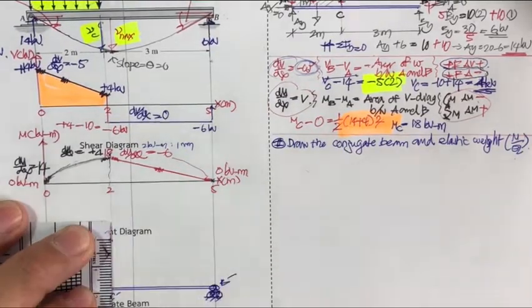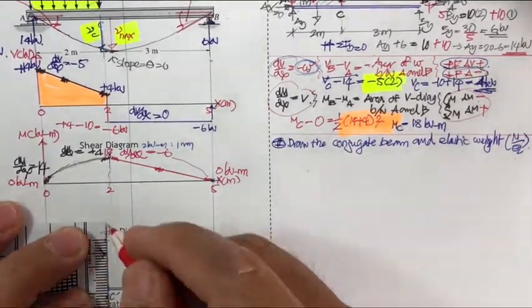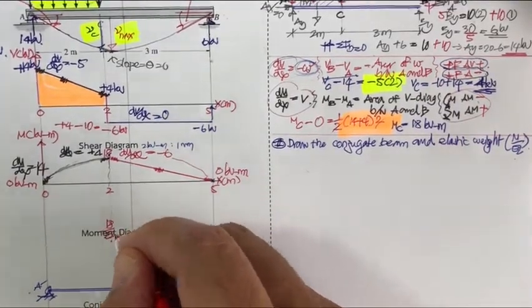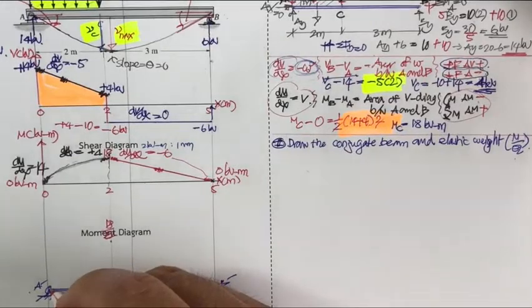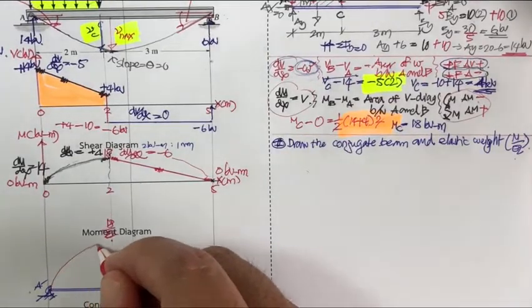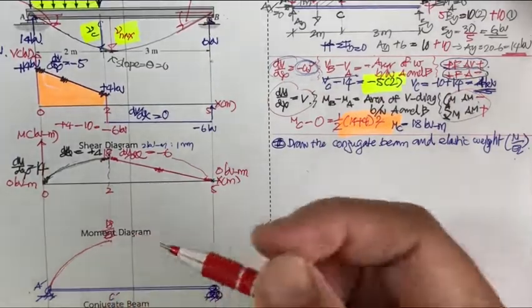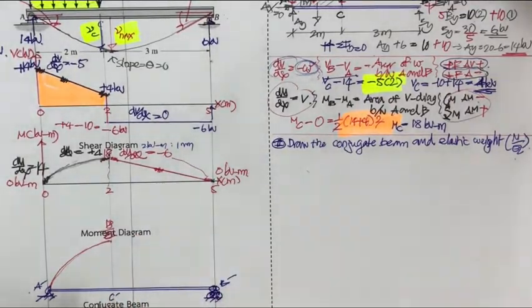So this is going to be 18 over EI, and then the graph is going to be something like this. This is because of the uniformly distributed load. So this is the curve, and we will need to determine its area and its centroid.